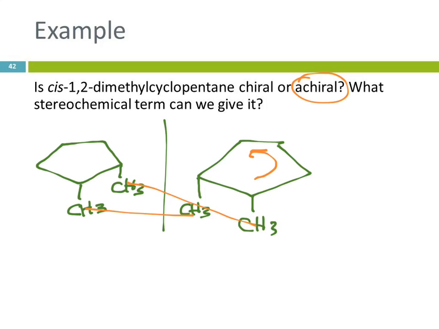Same thing goes with your feet and your ears. So what stereochemical term would we give this? Well, it is achiral, but there's a new word we just learned. It starts with an M. Meso. The mirror image is superimposable.